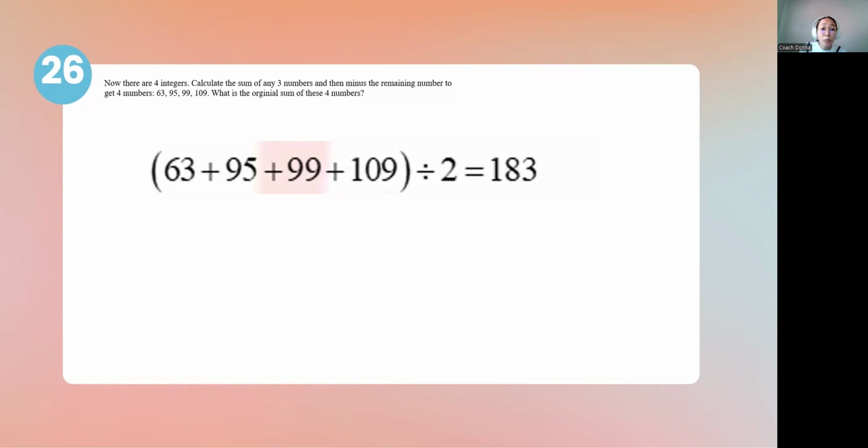Okay, so if there's none, let us have the next one, 27. For number 27, it's actually a pattern question again.